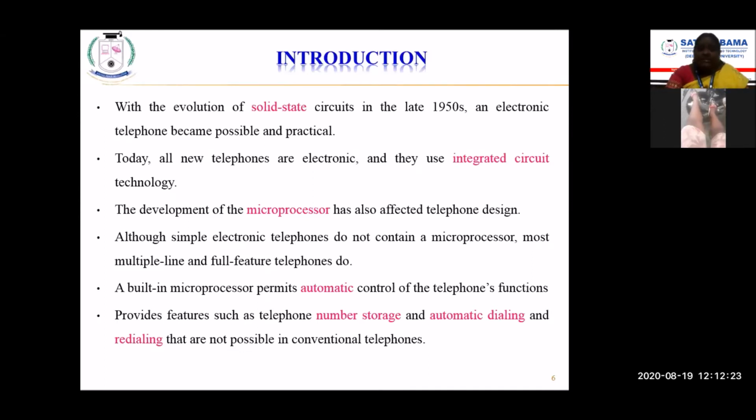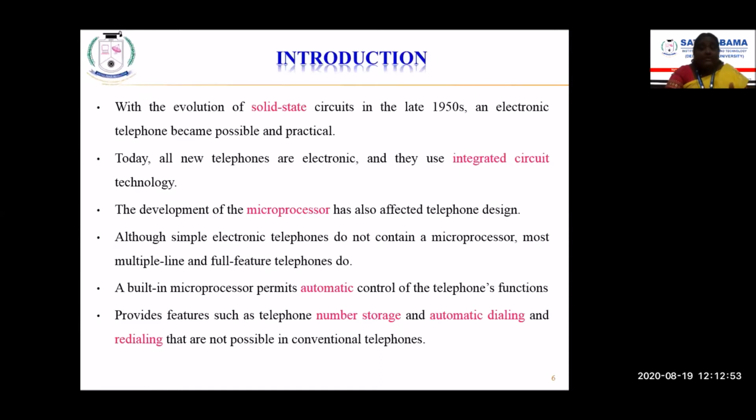Now all these have been converted to the IC level. That is, with the help of solid state circuit technology, it has been converted into an integrated circuit, and that is embedded on a single chip. So with that evolution, we have come to the standard electronic telephone. That is the benchmark or the initiation of the development of this standard electronic telephone.